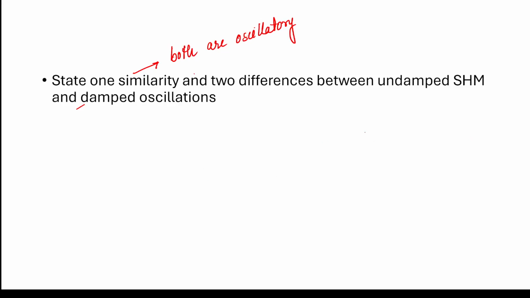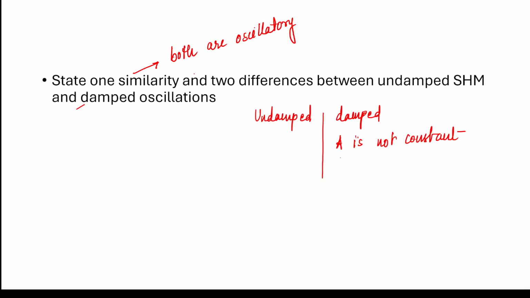So for undamped and damped, the differences would be, if I'm writing undamped here and damped here: for damped, the amplitude is not constant, and for undamped, the amplitude is constant. I'm just going to write the damped one, you figure out the undamped. Total energy is not constant either, it keeps on decreasing.